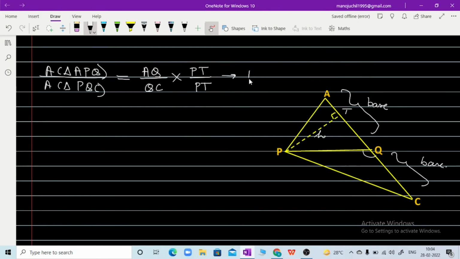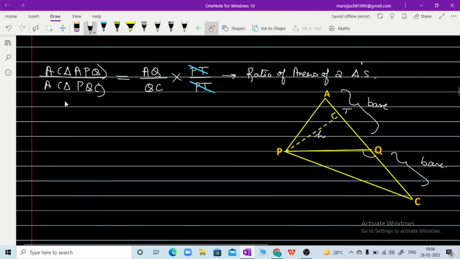This is the ratio of areas of two triangles. In this case, again, both the triangles have the same height, so we can cancel PT and PT.